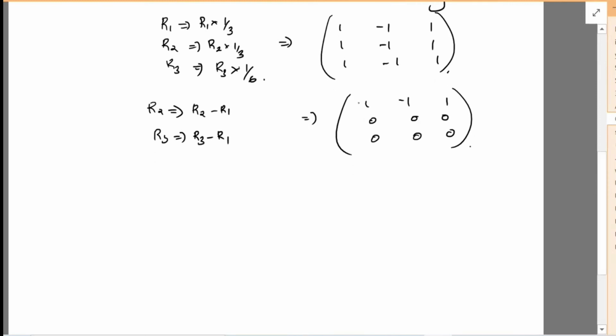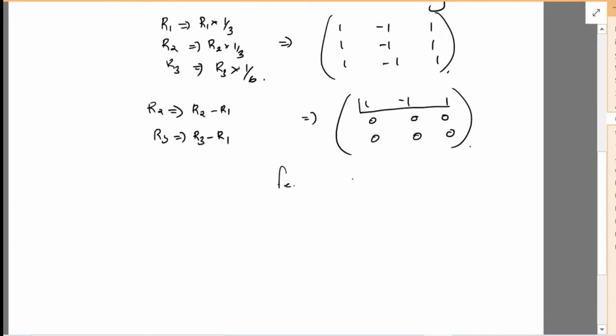So now this matrix is in echelon form, and the rank equals 1, which is less than the number of variables. So there are infinitely many solutions. To find the solution, we need to find the free variables.